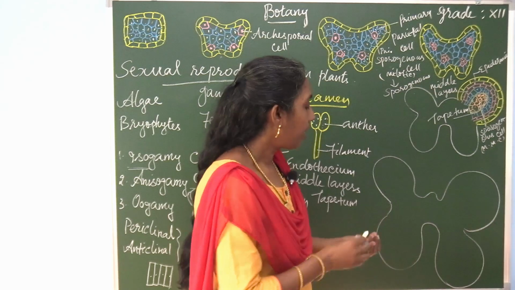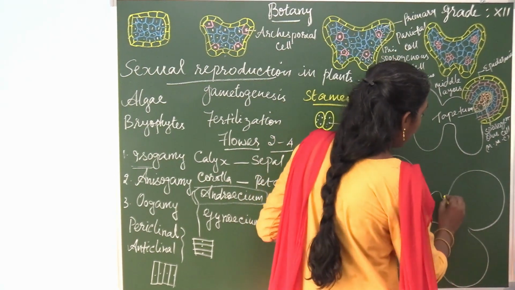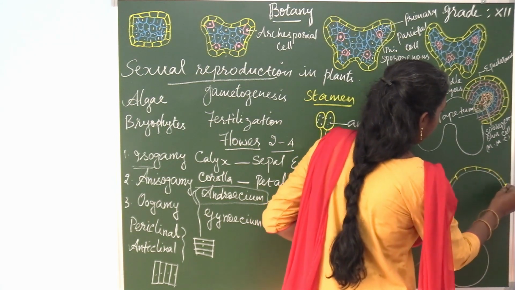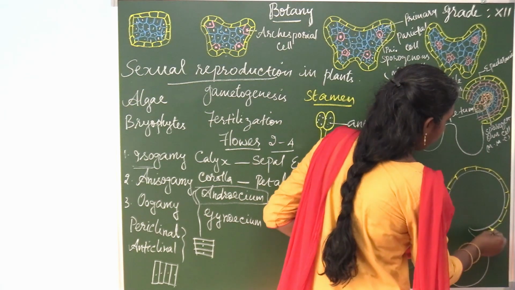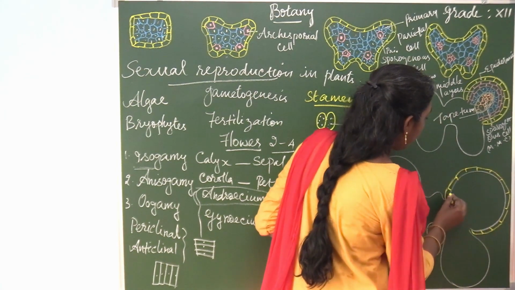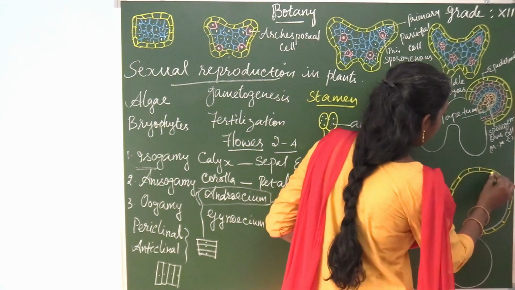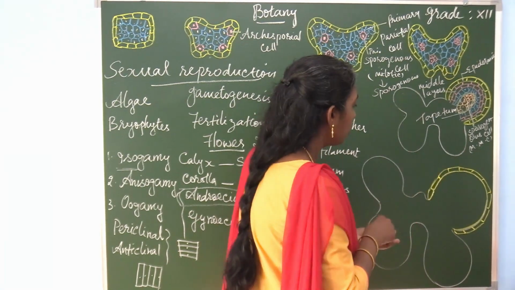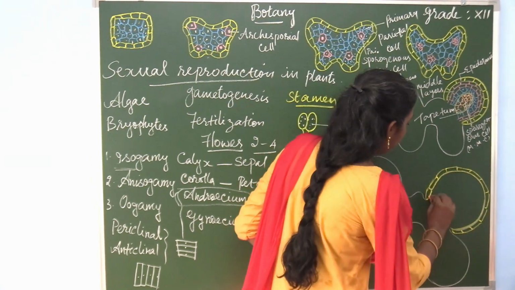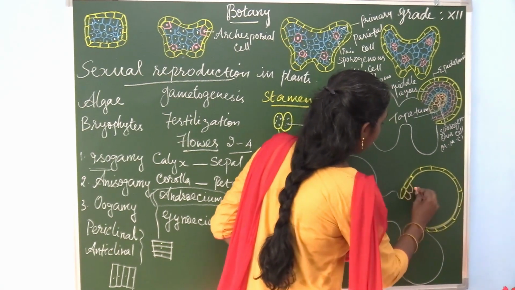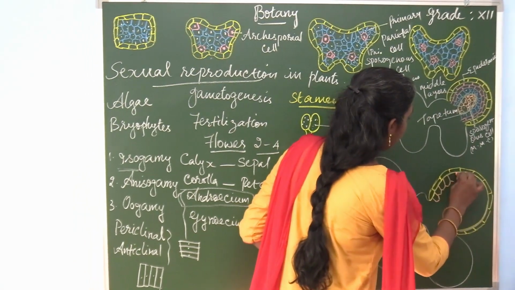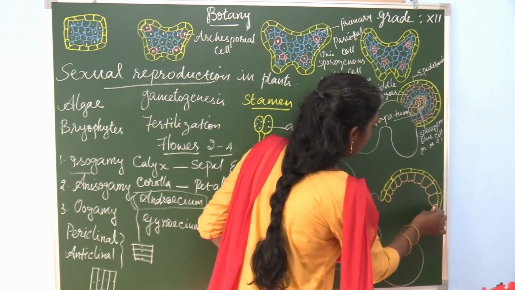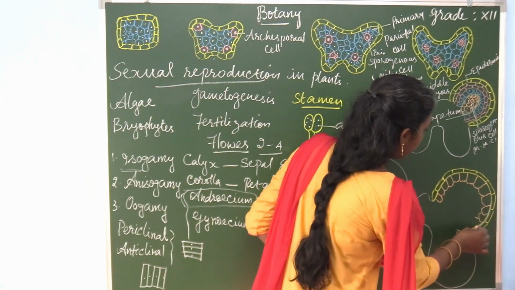In the mature anther, the outermost layer is the epidermis. Inner to this there is the endothecium.